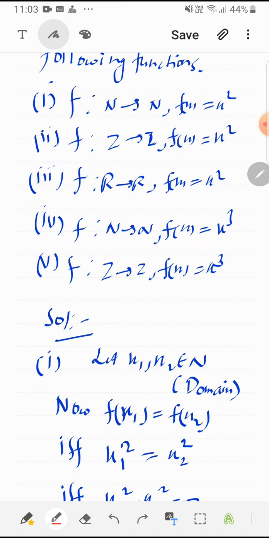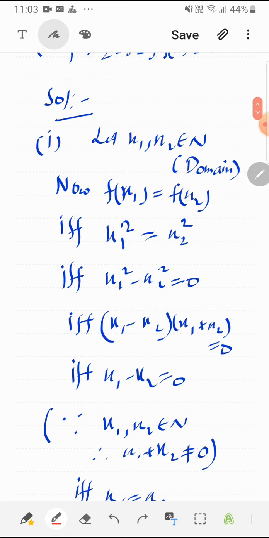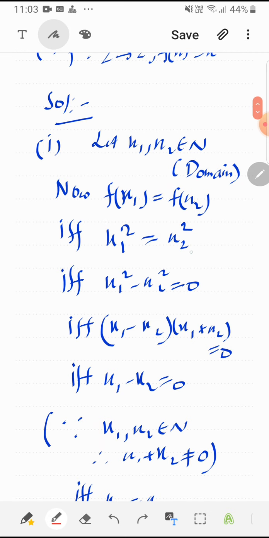the theoretical method. So for this, let x1, x2 belong to N, which is the domain. Now f of x1 is equal to f of x2 implies x1 square is equal to x2 square. Don't take the square root immediately because that is not a good step, otherwise it will give plus minus.